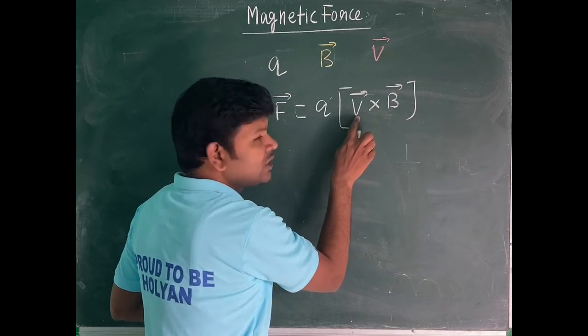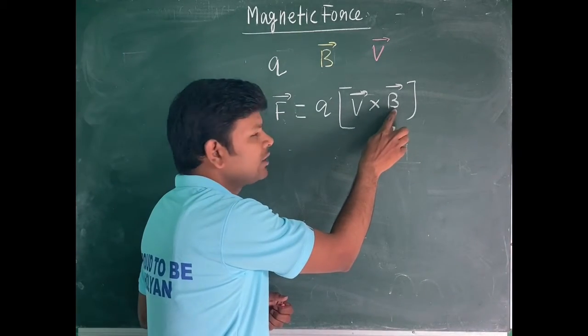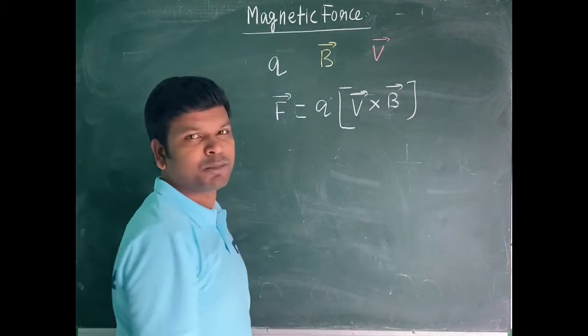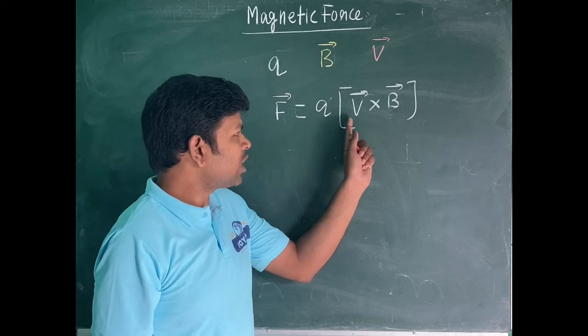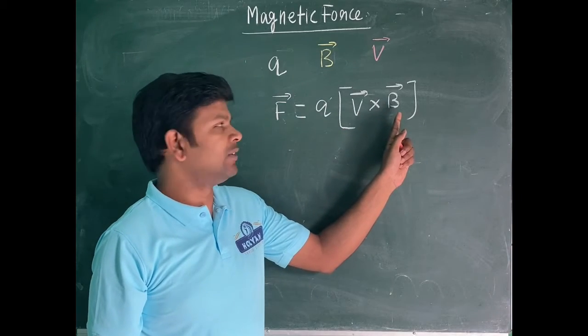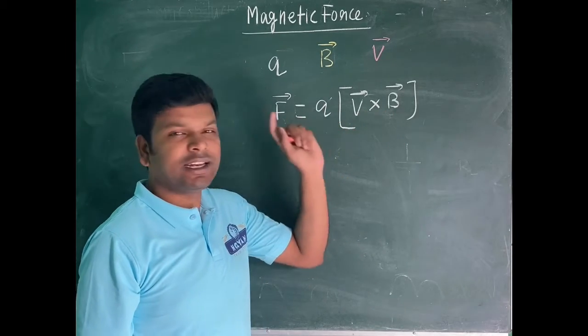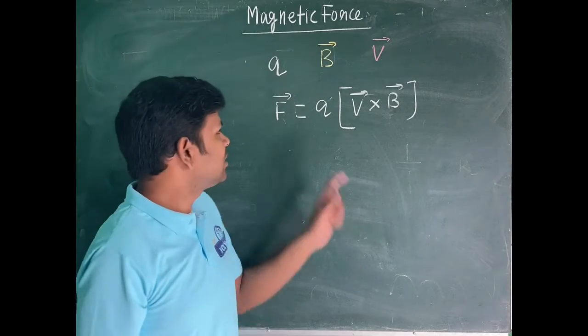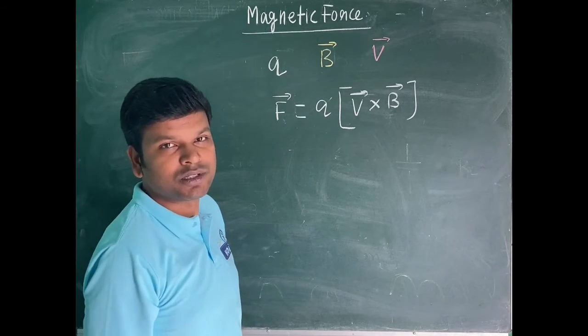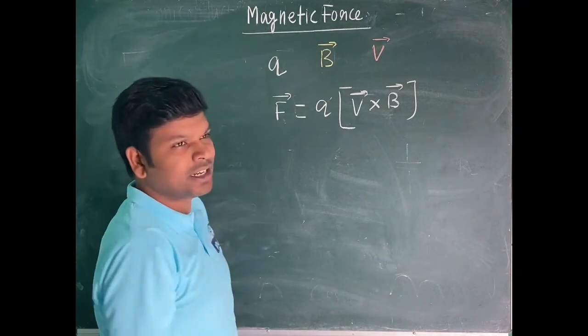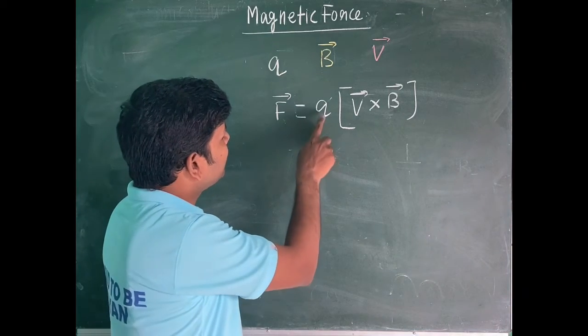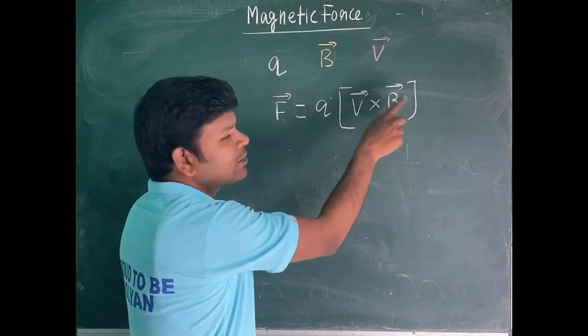Here the velocity vector is multiplied with the magnetic field and the product is a cross product. So if F represents magnetic force, then it will be equal to Q into V cross B.